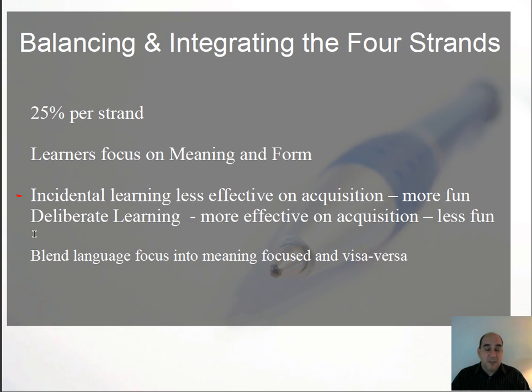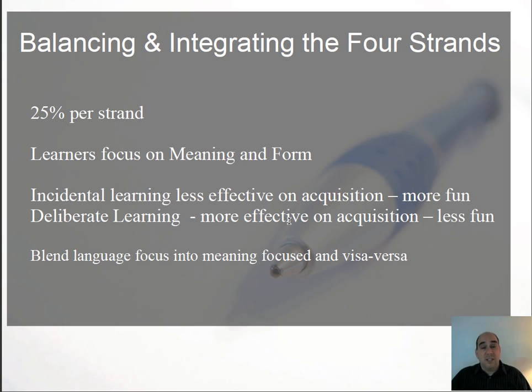If there was specific focus on, for example, minimal pairs where you have a word in English and then in the native language, or you have a word and an explanation, and you do some activities with those, and they're focused on helping students to learn vocabulary, students are going to learn more. So with incidental learning, they may have less ability to acquire language, but it's more interesting, it's more fun.